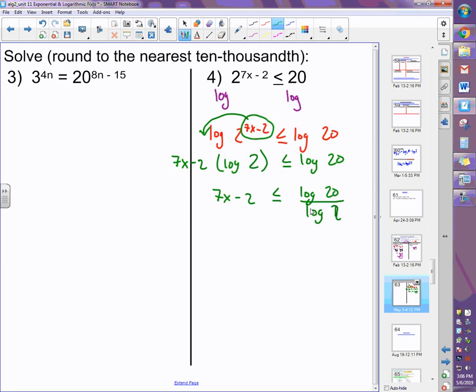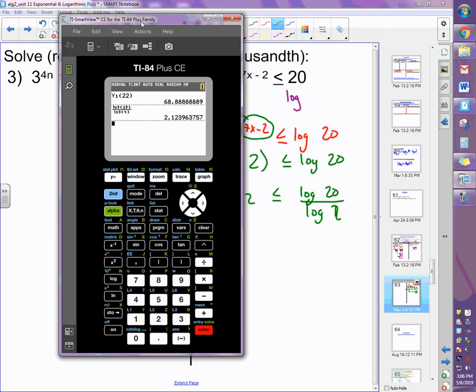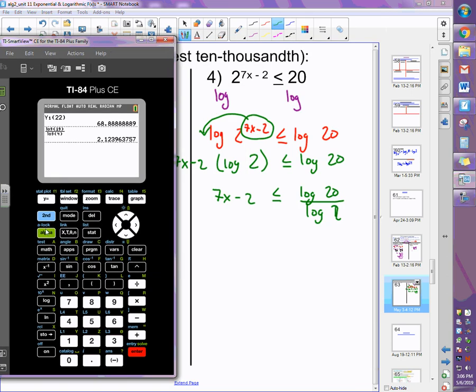I'm actually going to calculate this so I can continue on because it's going to get really messy here. So alpha y equals 1. So log base 10 of 20 divided by log base 10 of 2. It's about 4.3219.